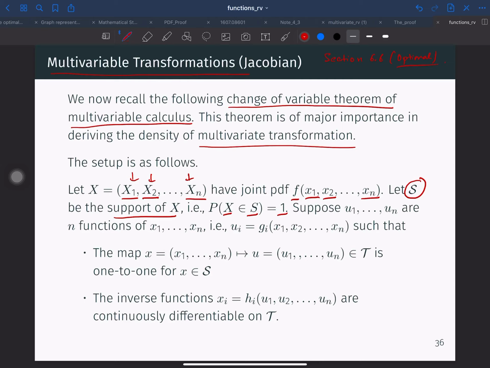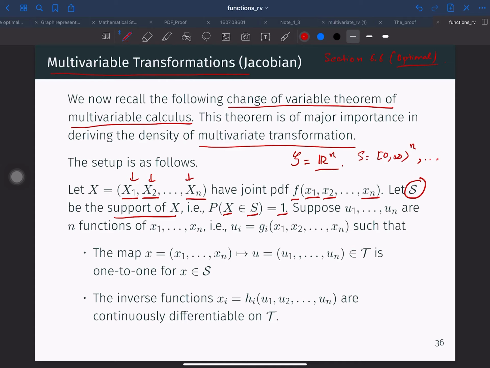So, for example, the set S could be the real line, n copies of it, or maybe the set S could be just the positive numbers, n copies of it, and so on and so forth.